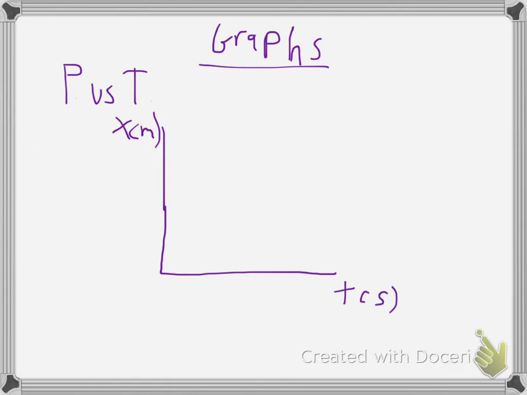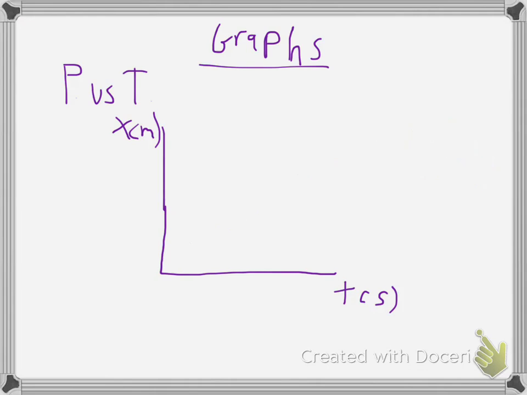So I feel pretty good with you guys with something like this. This would just indicate constant velocity. It's a straight line, and that means that it's moving to the right, so the positive direction. That's the simplest you could have with a position versus time graph. I feel pretty good with you guys about that.